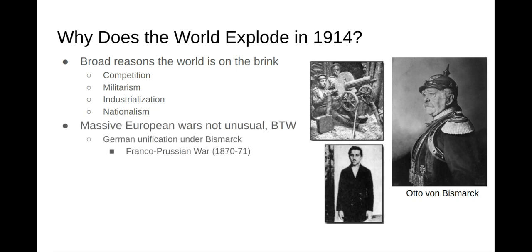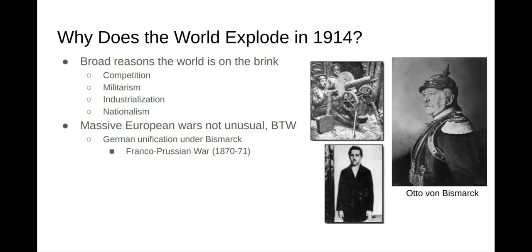One of the reasons why the world explodes in 1914 is because wars on the European continent are not unusual. England and France had engaged in wars going back hundreds and hundreds of years. This has been a common rivalry. The Napoleonic Wars at the beginning of the 19th century, Napoleon went all the way essentially to Moscow.